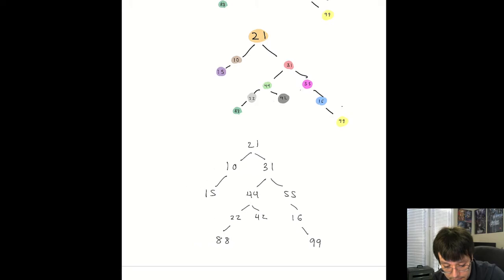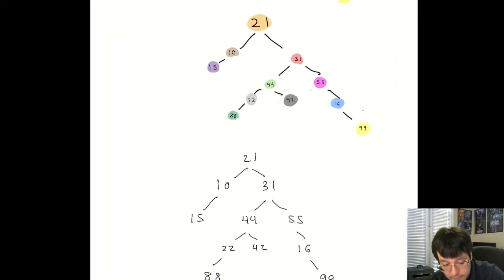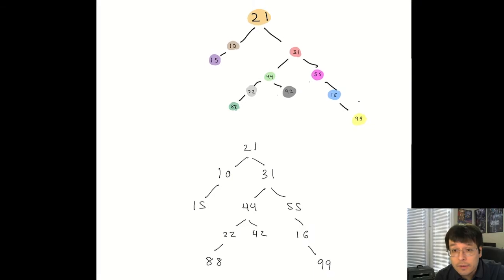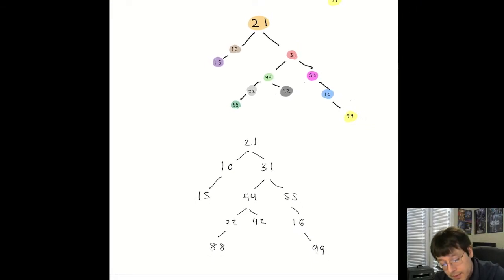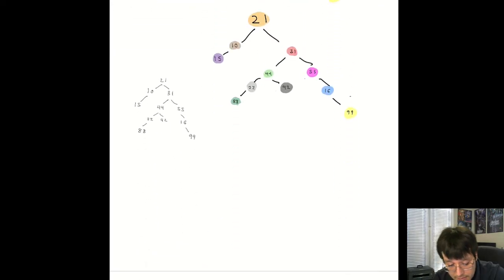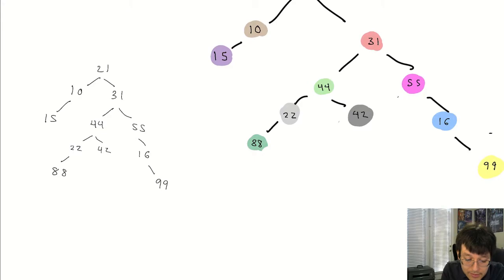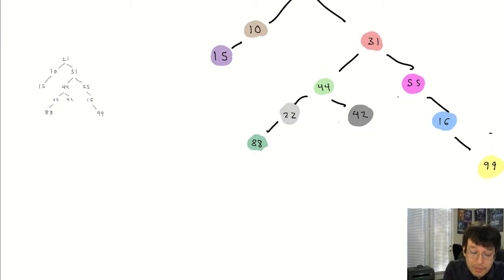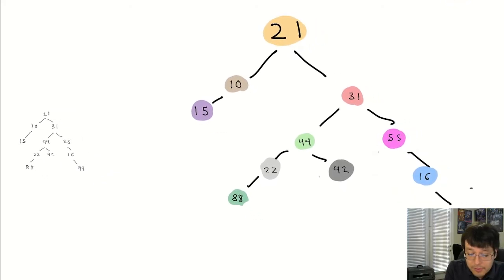Just put them side by side. Yep, they look identical. So we got it. We did it. So A, my traversals were right, and also B, we built a tree right. Or we somehow magically got them wrong in both versions, and it worked either way. So yeah.